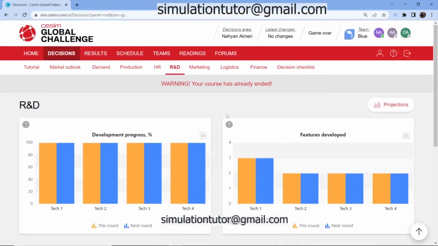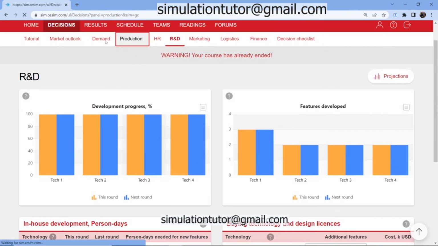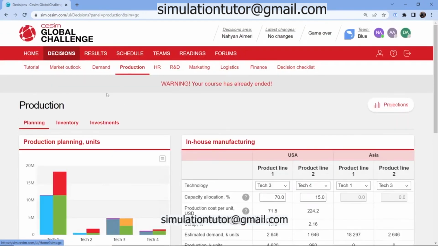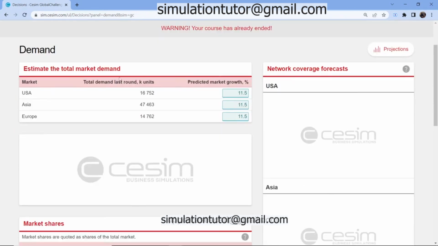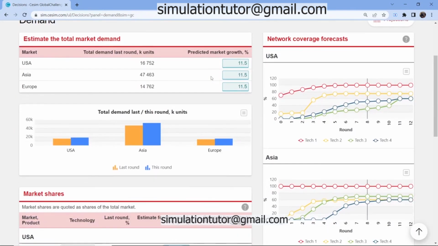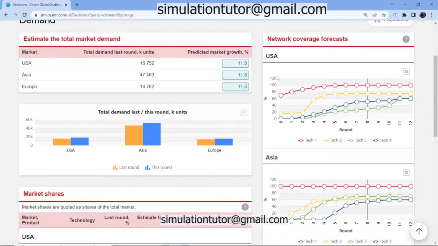So let's go back to demand. Then we have the network coverage forecast. This is a prediction of the network coverage. It just predicts the trend in the technology.